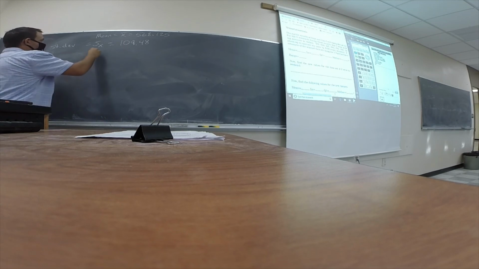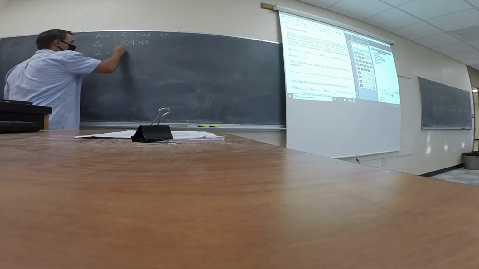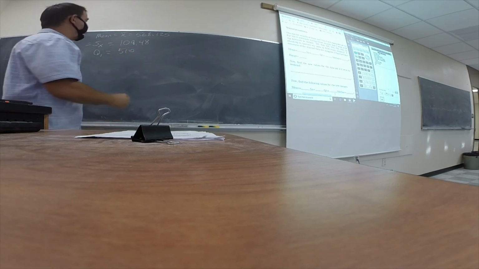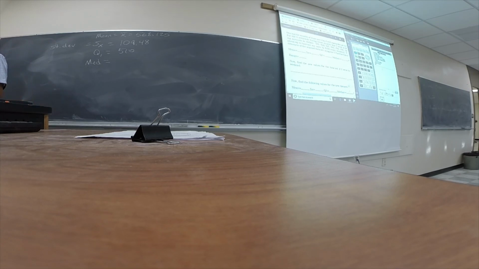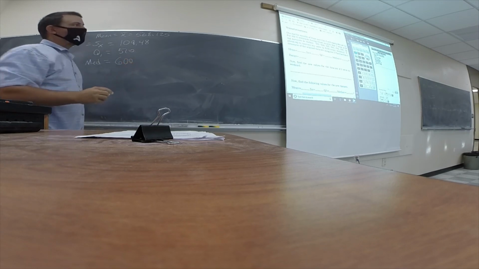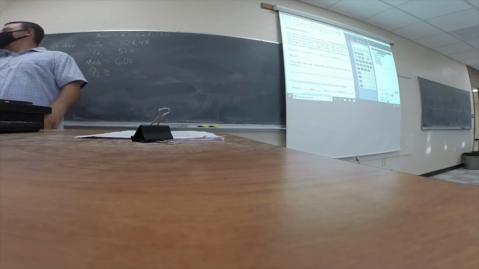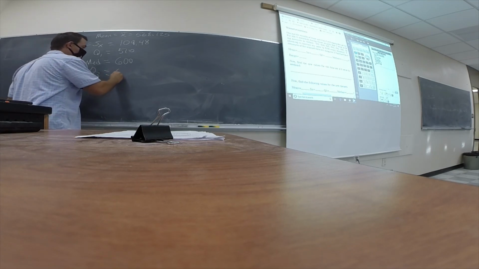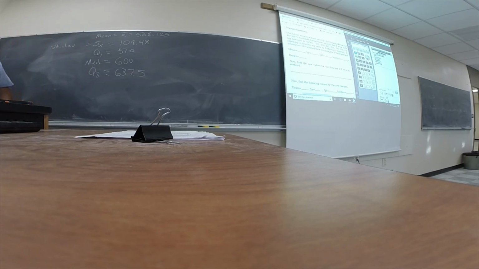Okay. My Q1 is 510. My median here, I'll scroll down to 600. Okay. My Q3, I believe is what I asked for next, is 637.5. Okay. And let's see what else we asked for. IQR and range.